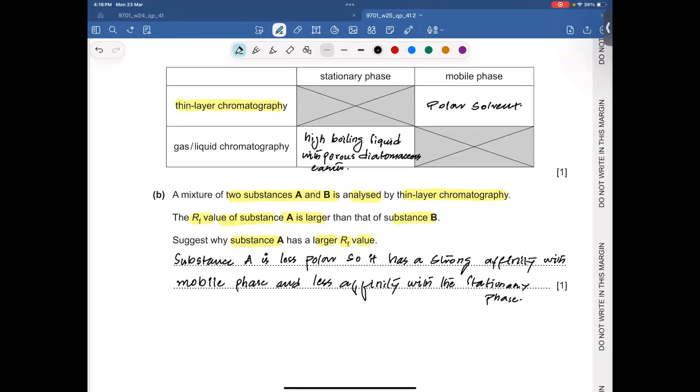Okay. So if substance A is less polar, then it will show less tendency toward the surface of the stationary phase, and therefore it will dissolve more in the mobile phase, and so it will cover the most distance. If it covers the most distance, obviously the retention factor value is going to be larger. I hope it makes sense to you.